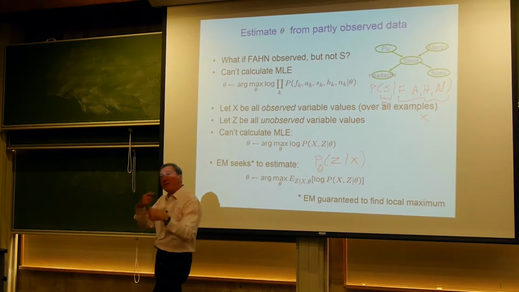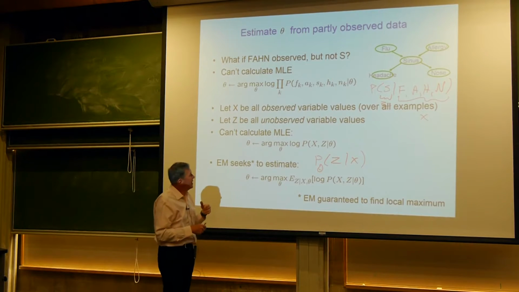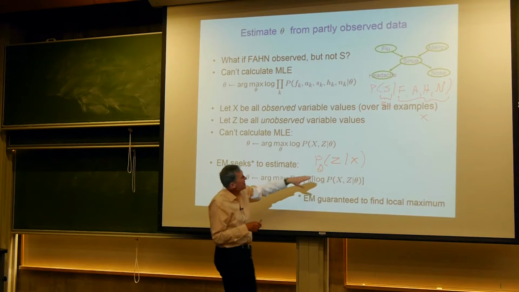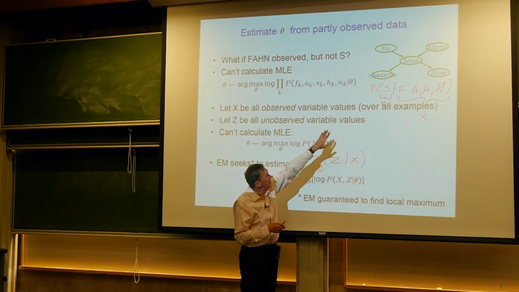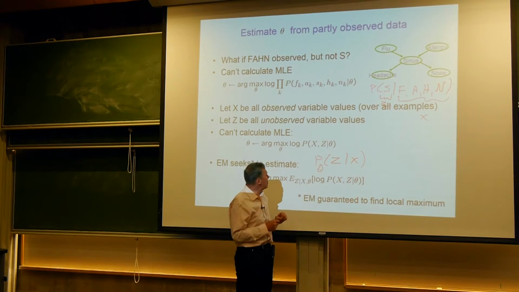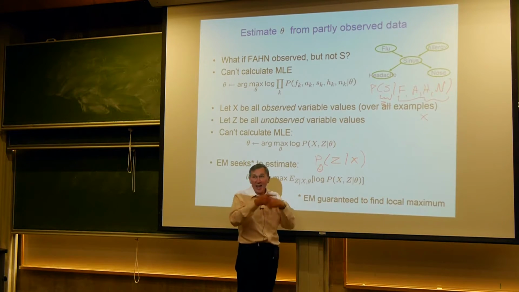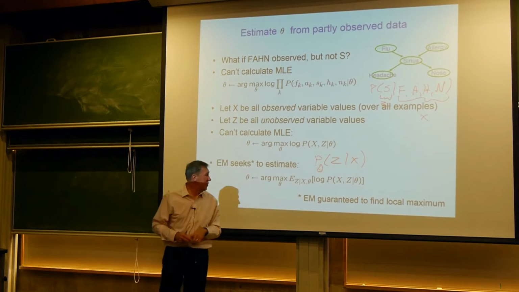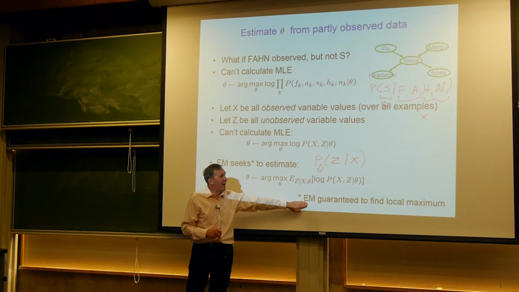And it turns out that if we iteratively estimate what values of the unobserved things would be, plug them in, and re-estimate our thetas, and then do that again iteratively, we converge. That is the EM algorithm.